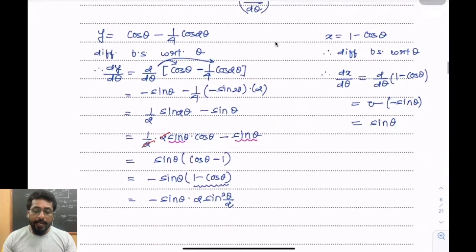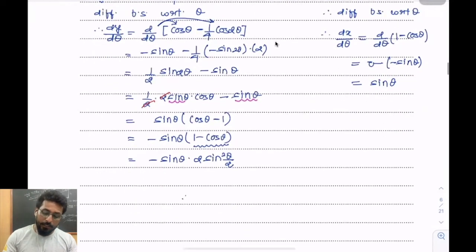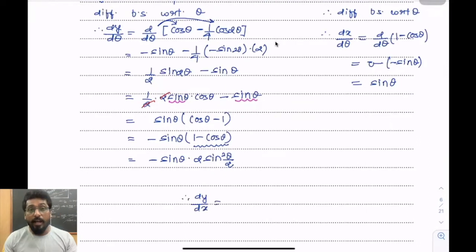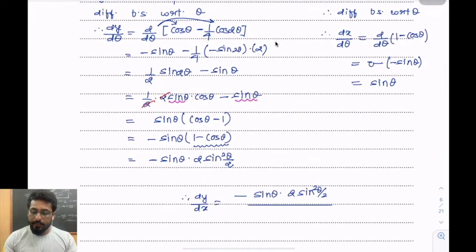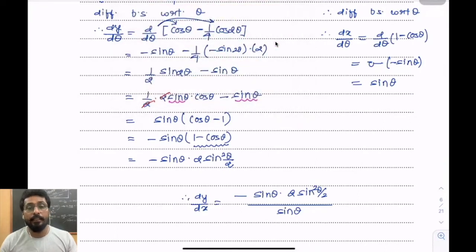Now, can you get dy upon dx, students? The answer is yes, I can get dy upon dx. So therefore, dy upon dx is dy upon d theta, that's negative sine theta times 2 sine square theta by 2 whole divided by dx upon d theta, which is simply sine theta. I can definitely see a sine theta in the numerator and in the denominator.